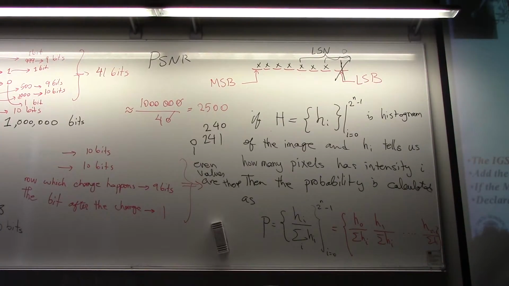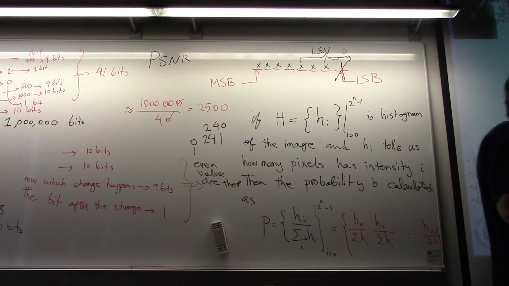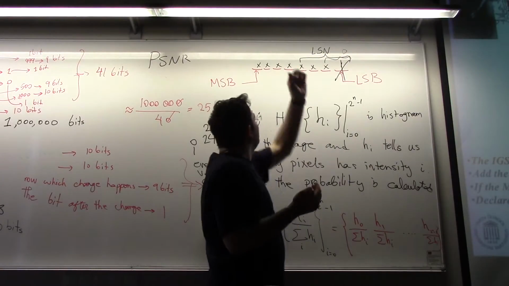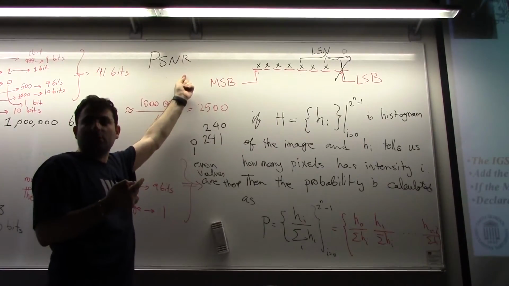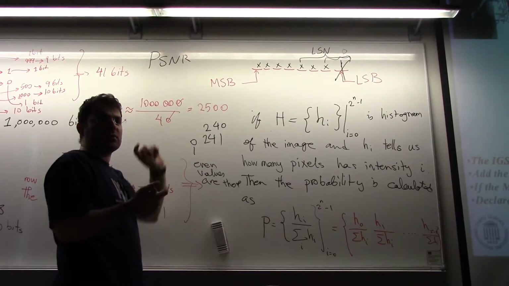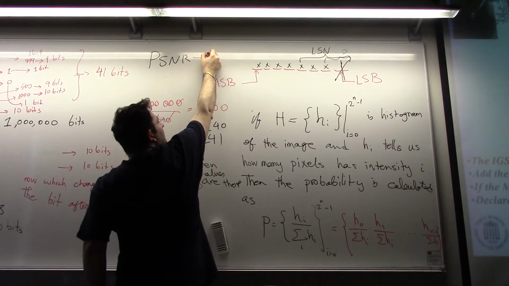But if you talk with someone who works on communication and signal processing, when you say PSNR, they may not understand you. So you have to say SNR. The formula is the same, everything is the same, but with slight changes. PSNR, peak signal to noise ratio, and SNR, signal to noise ratio, has a unit.